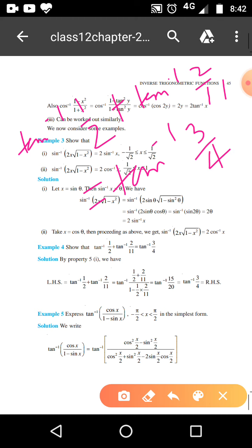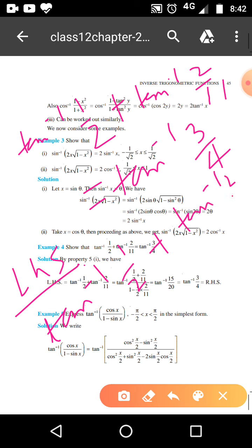So how will we solve? Let us take the LHS first. This is tan inverse 1 by 2 plus tan inverse 2 by 11. So this is nothing but tan inverse x plus tan inverse y.